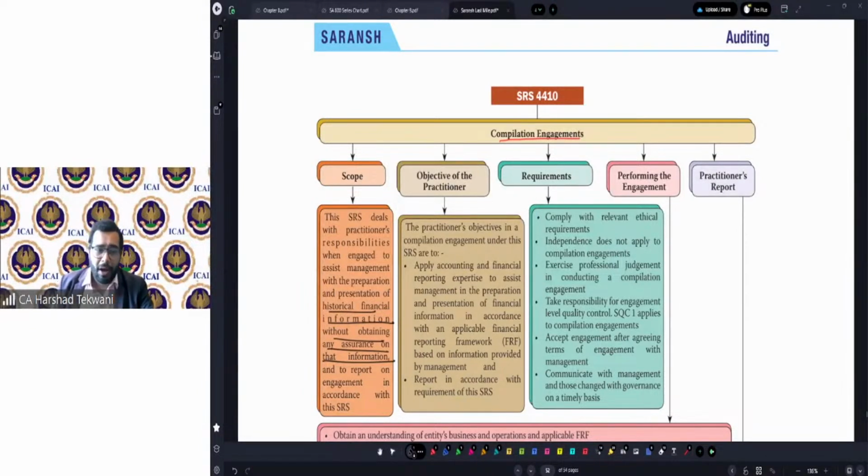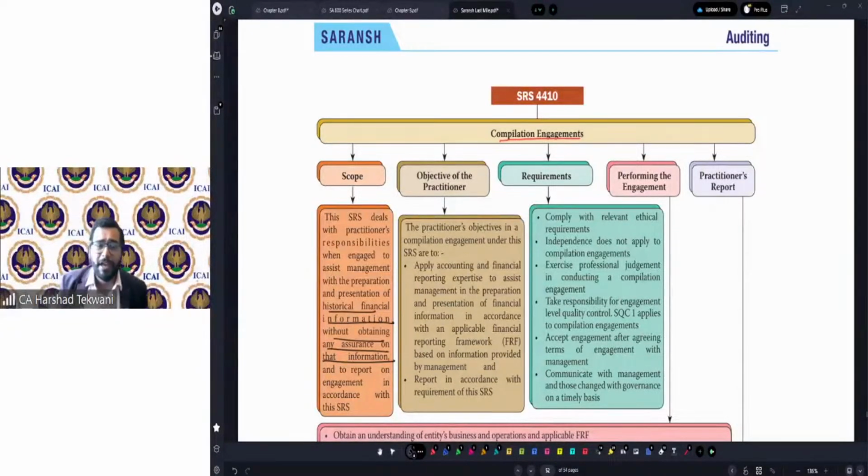Now the objective of the auditor here is to perform this compilation engagement by applying the accounting and financial reporting skills he has, because he is considered an expert in this field. That's why the objective is to apply the accounting and financial reporting expertise of the practitioner.